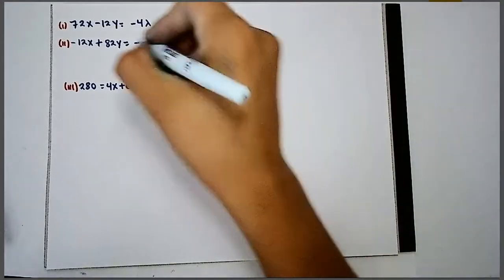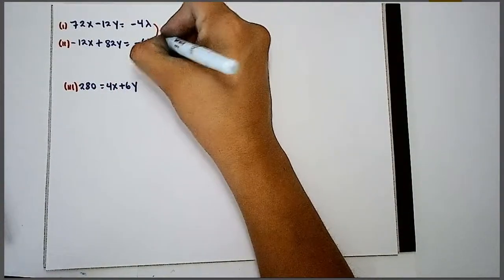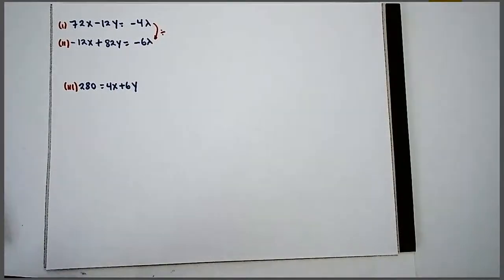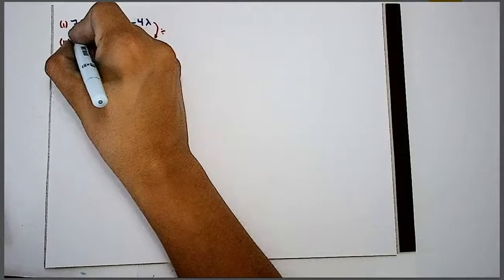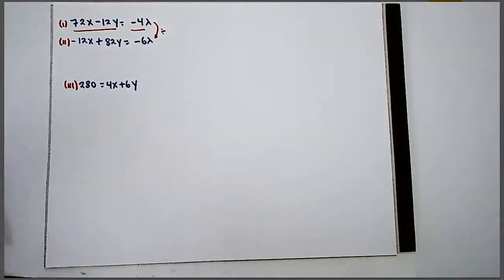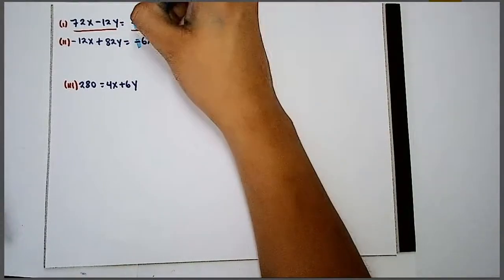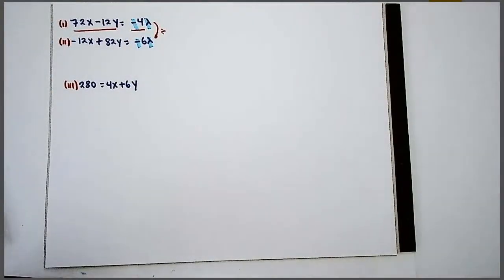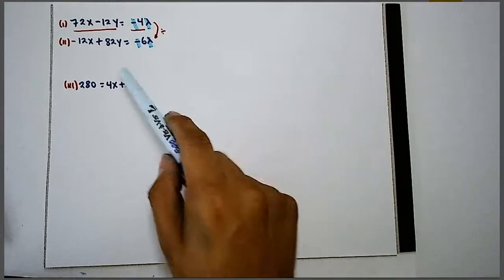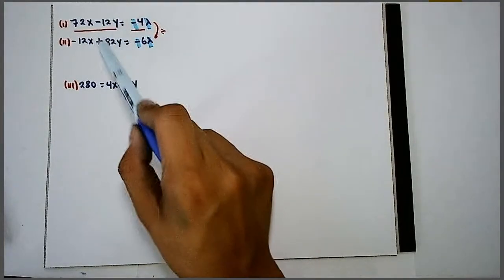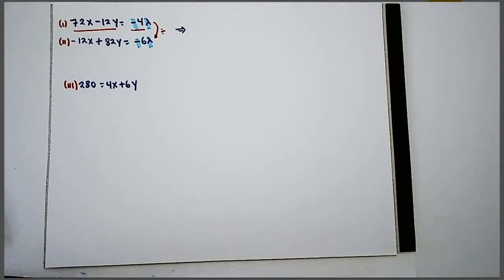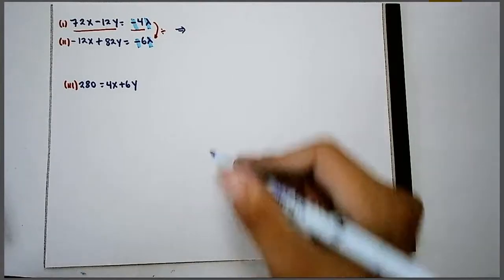So let's divide equation 1 by equation 2. So from here, you can notice that the negatives and the lambdas disappear. And then we have two fractions, which means that we can cross multiply.